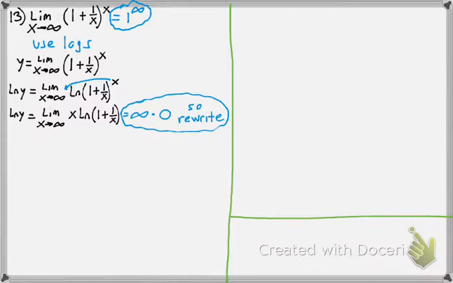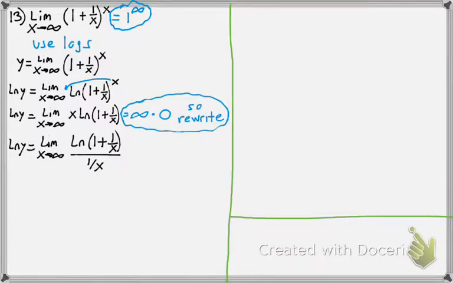So I have ln of y is equal to the limit as x goes to infinity of ln of (1 plus 1 over x), all over 1 over x. Just like on number 12, instead of multiplying the ln by x, we are dividing by the reciprocal.